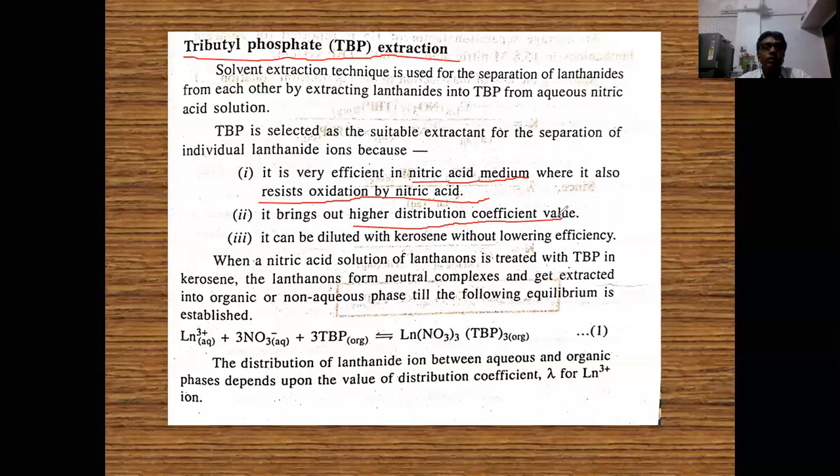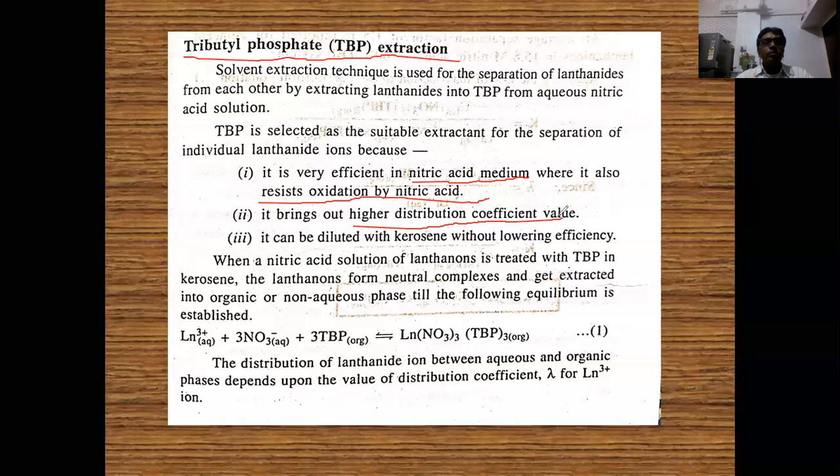And the third important reason is that it can be easily diluted with kerosene without lowering the efficiency, because the cost of TBP is very high. So we cannot use pure TBP as a solvent. We have to dilute TBP with kerosene, and it can be easily diluted without lowering its efficiency.